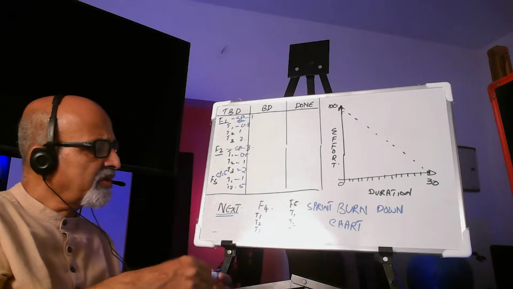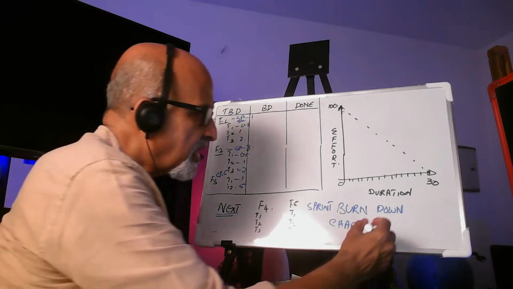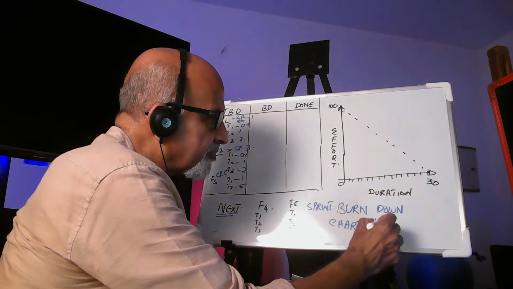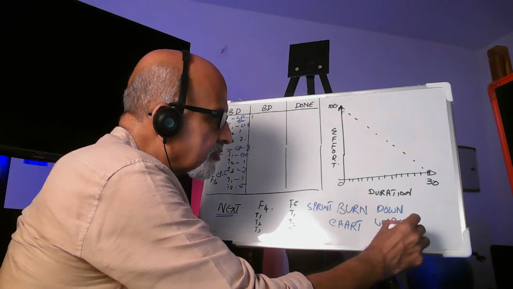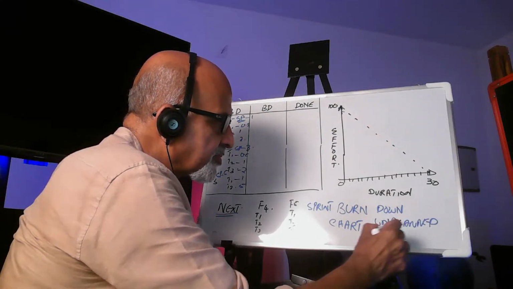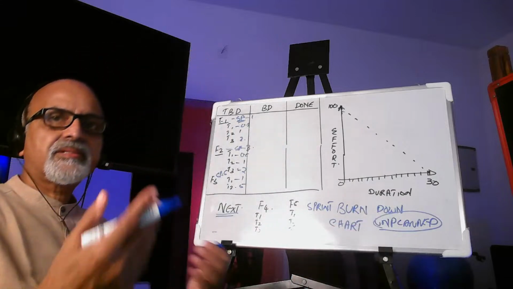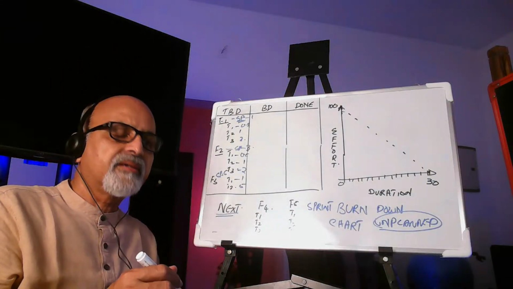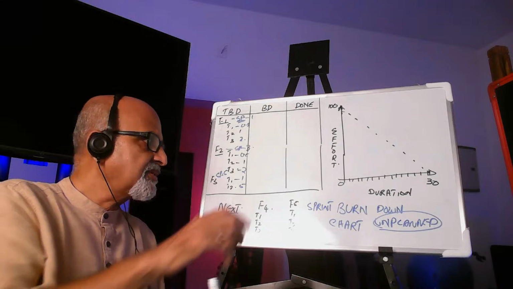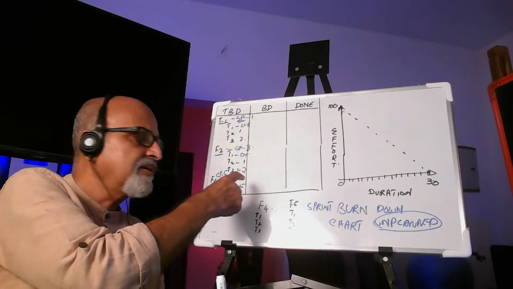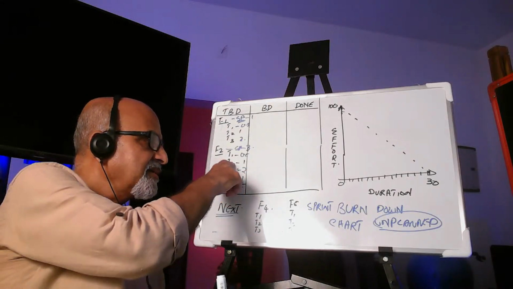Then I forgot to add one more column, that is unplanned items. When the sprint is happening, sometimes we realize that we did not identify certain tasks.